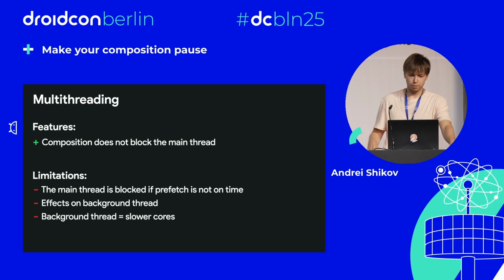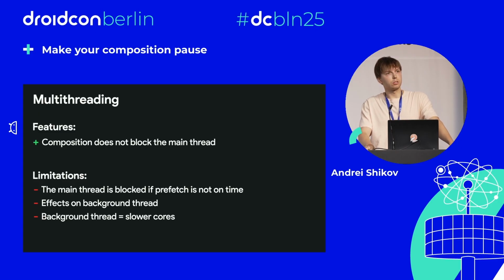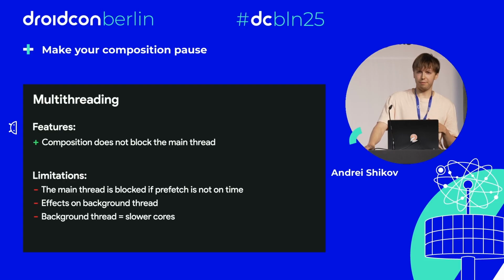But there is also one more thing: if you run things on a background thread, the system frequently schedules that on a slower core. If you don't know, the devices we have in our pockets usually have a big-little architecture, which means some of the cores are more powerful and some less powerful. In Pixels, you actually have 9 cores in the new ones, where one of them is the most powerful, and this is what your UI runs on.